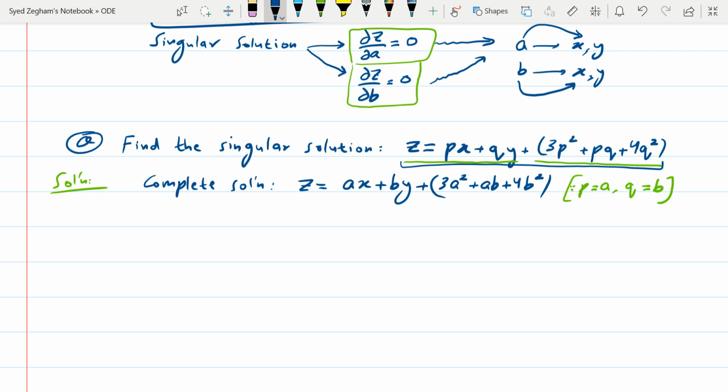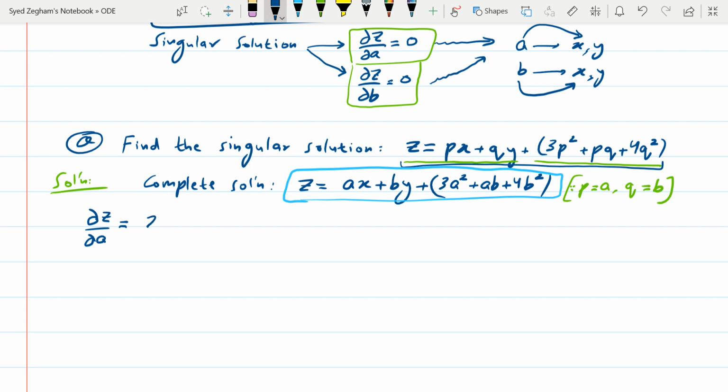Let us start with the first relation, that is dou z by dou a. So this expression which you have got as your complete solution, you are now differentiating partially with respect to a. So what will I get?